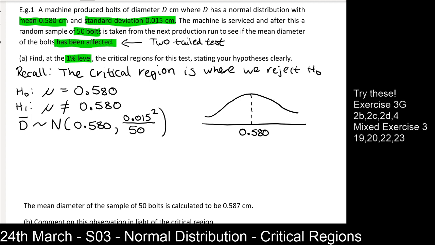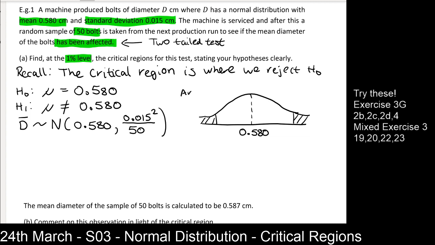But that 1%, I can split that error in either tail. So I can split this at the bottom tail, or at the top tail. In each of these shaded bits, each has an area of 0.5%. So I'm allowing that error of 1% to be at either end.